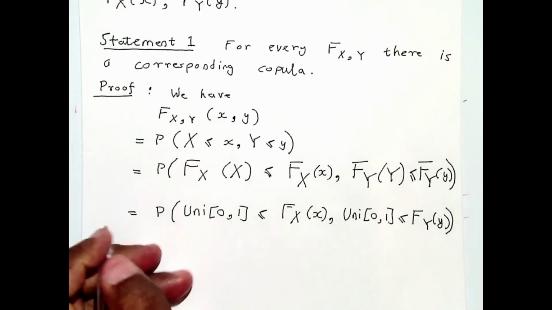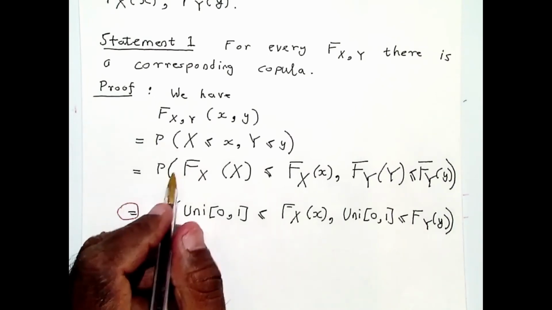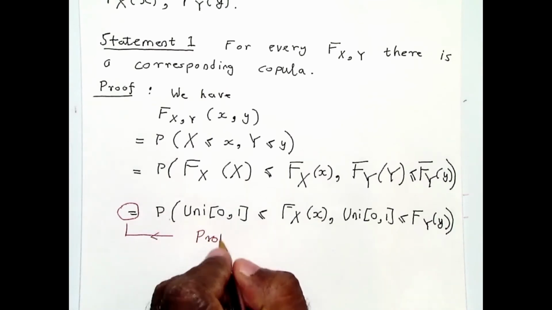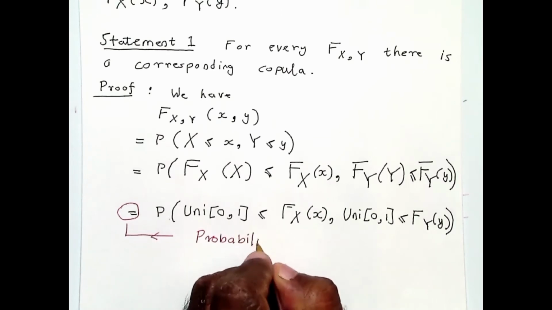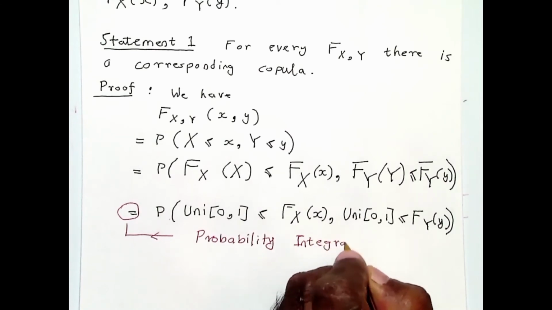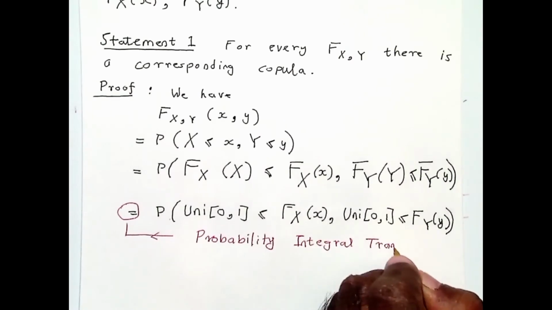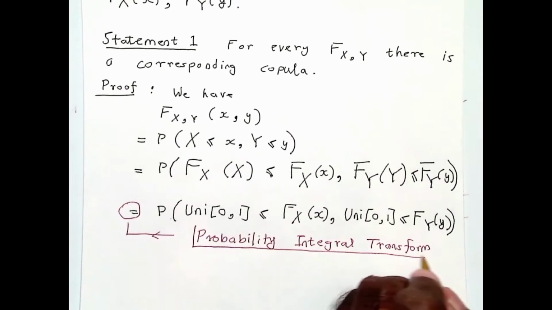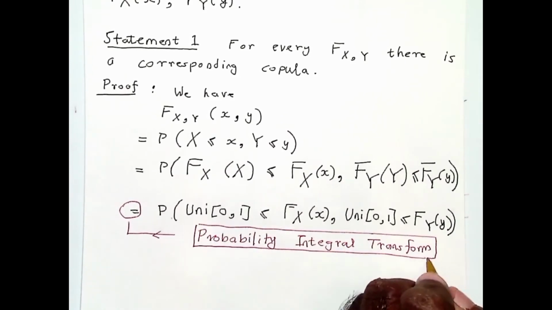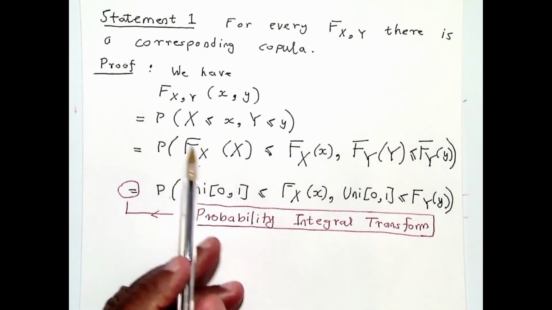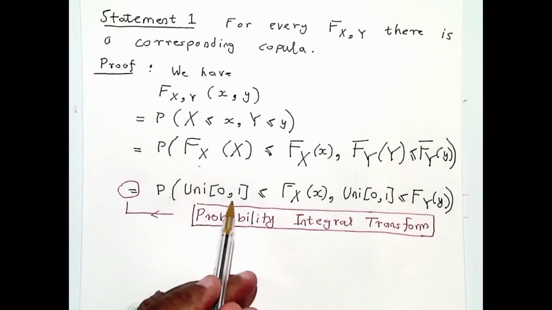So this step, from this to this, follows because of what is known as the probability integral transform. This is something you ought to have learned in year 1 or year 2. But if you haven't learned it or if you don't remember, just try to remember this, that the CDF of a random variable is the uniform random variable, right? Okay.